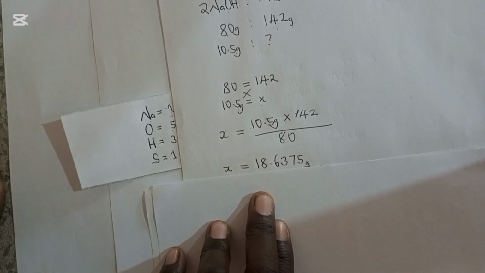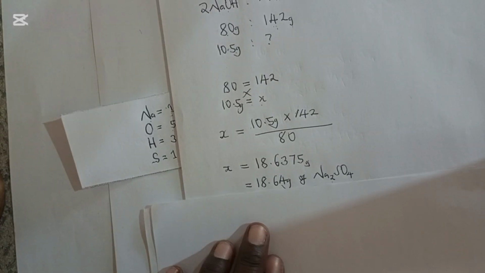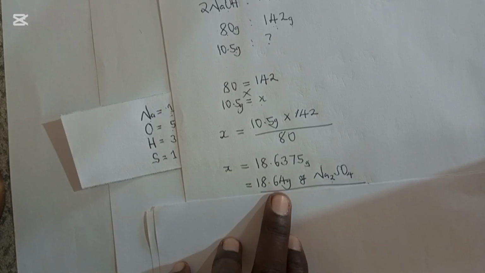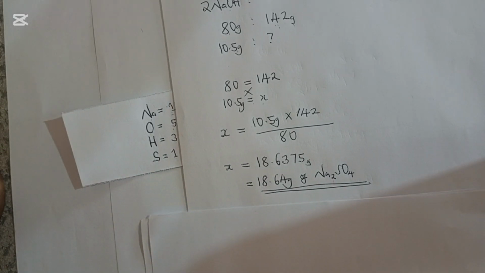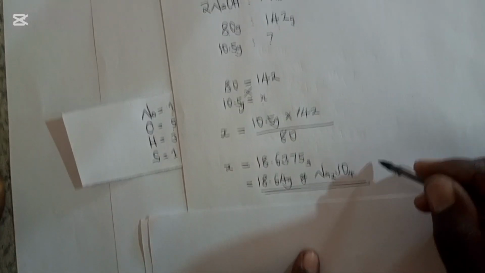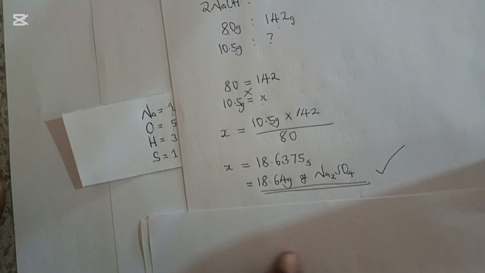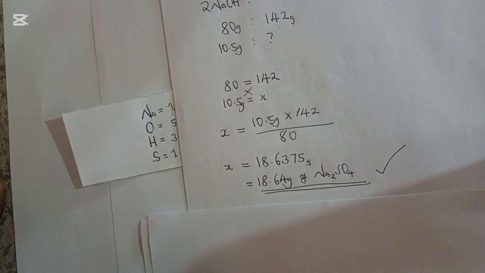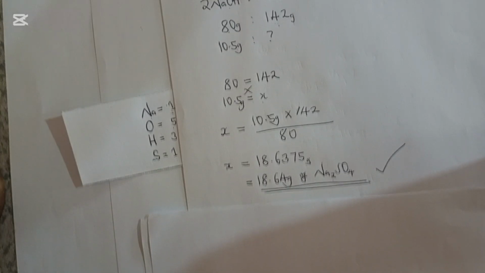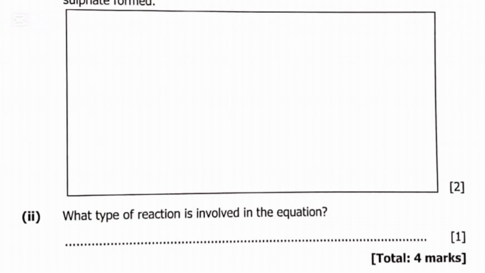Okay, and when you round it off, it will give you 18.64 grams of sodium sulfate, and this is the answer. This becomes the answer to the question which was saying use the balanced chemical equation to calculate the mass of sodium sulfate. Now, the last question, which is question B2, says what type of reaction is involved in this equation?